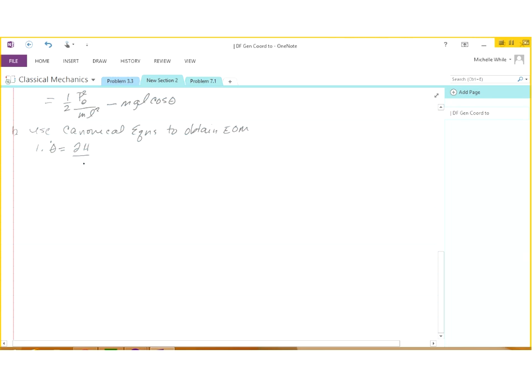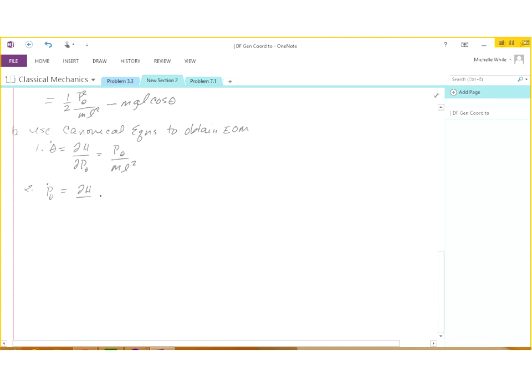We're going to take the partial derivative of the Hamiltonian with respect to the momentum, and we know that theta dot is equal to the momentum over the mass and the length squared of the rigid rod. And then the second equation is when we take the derivative with respect to time of p dot.